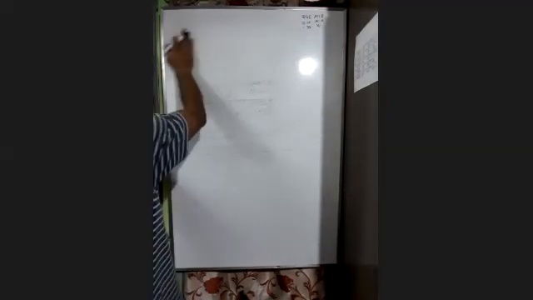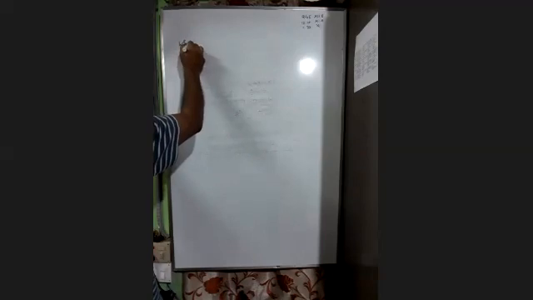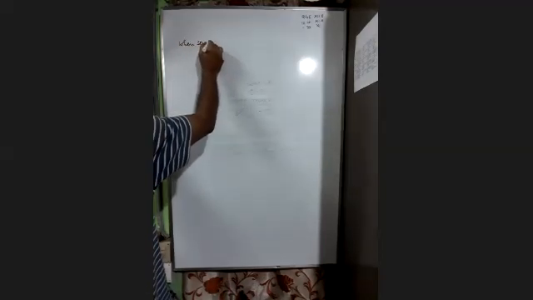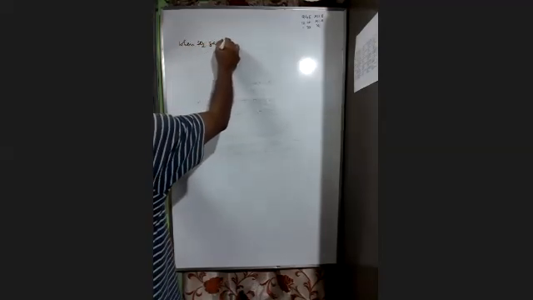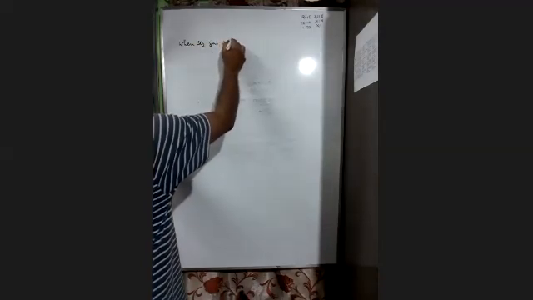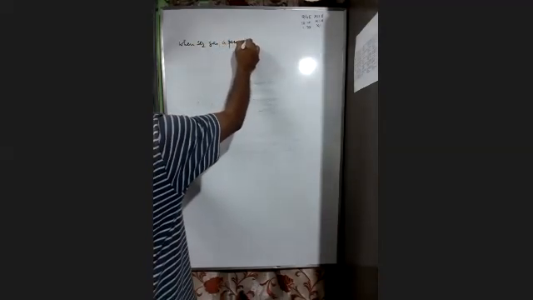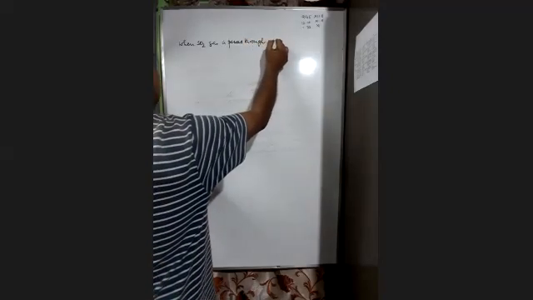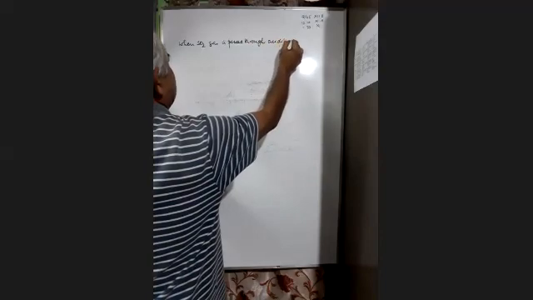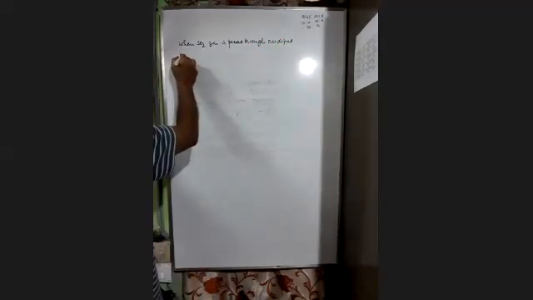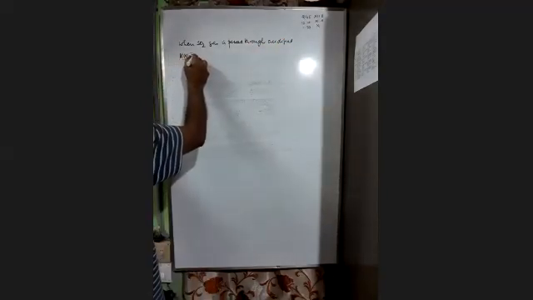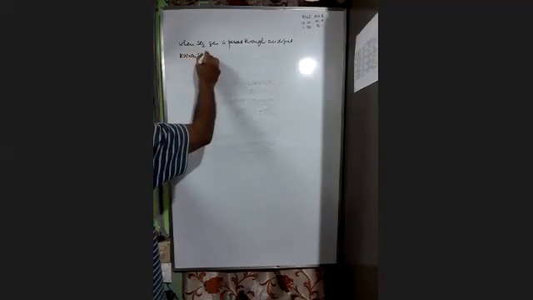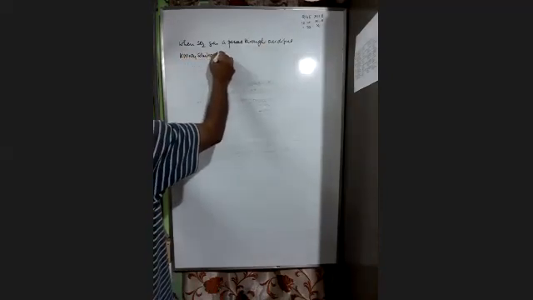When sulfur dioxide gas is passed through acidified KMnO4 solution, how does it look like?